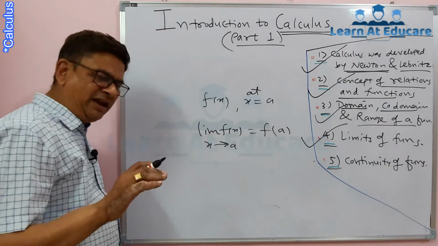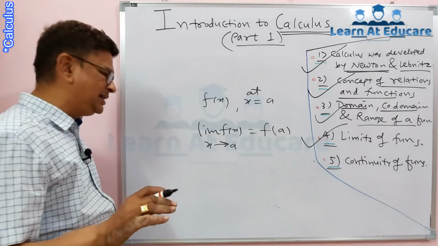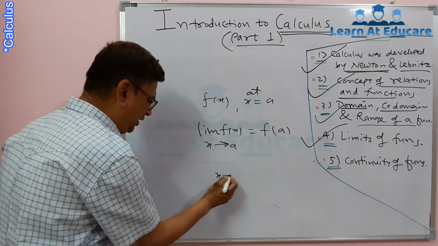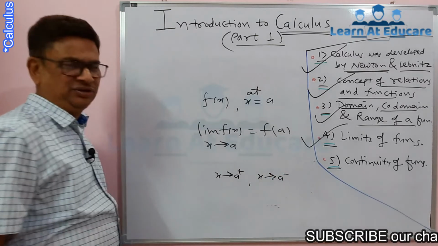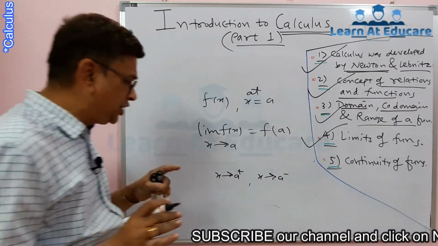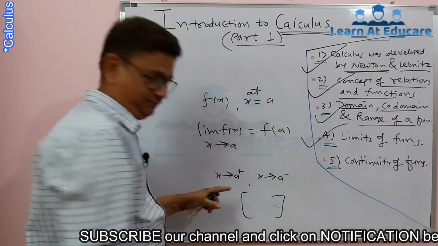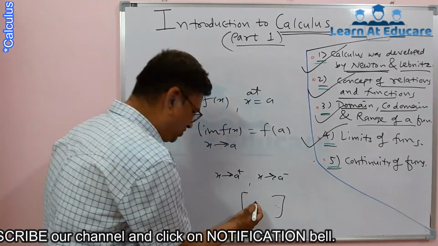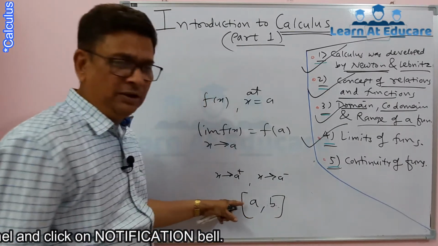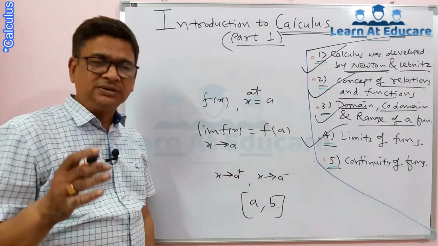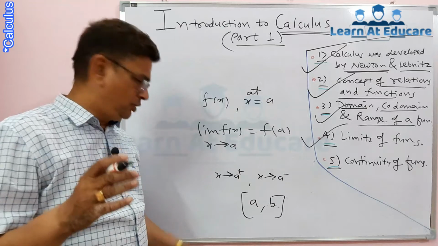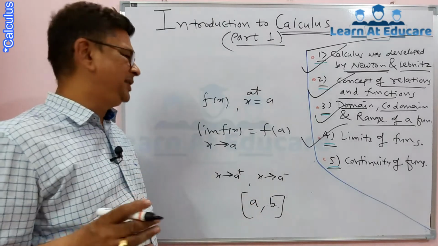There is a left hand limit and a right hand limit, which occur respectively as x tends to a minus and as x tends to a plus. Also, there is continuity in an interval. If a function is continuous on the closed interval [a, b], then it should be continuous at every point of that interval.